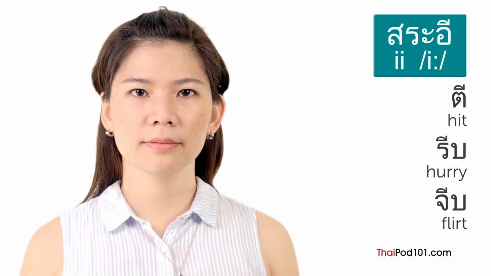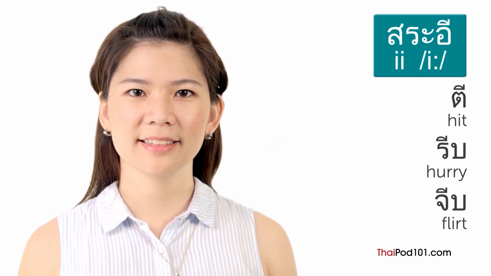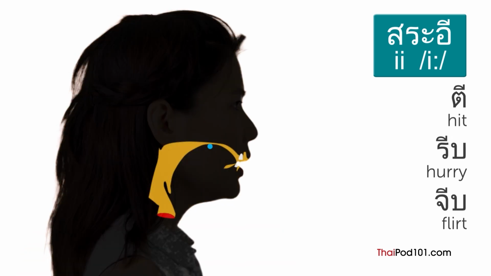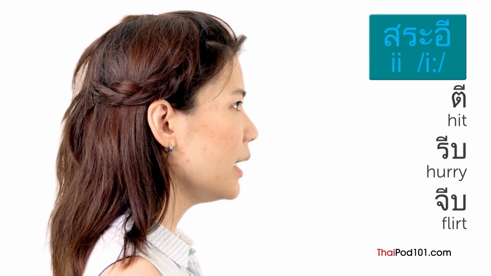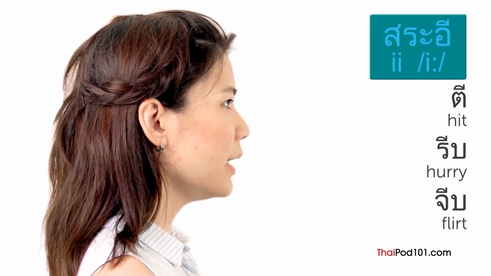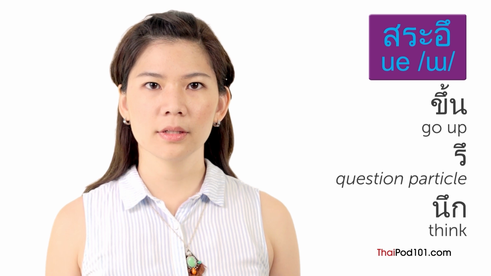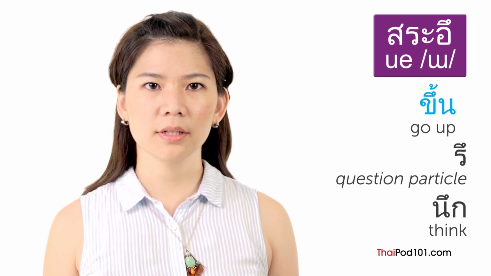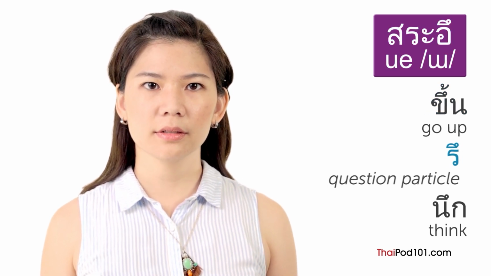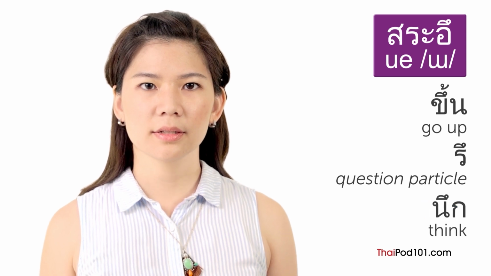The next vowel sound is อึ. This vowel doesn't exist in English. To pronounce this sound, first try to pronounce the U in true.